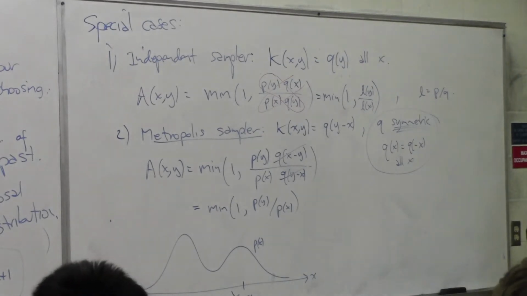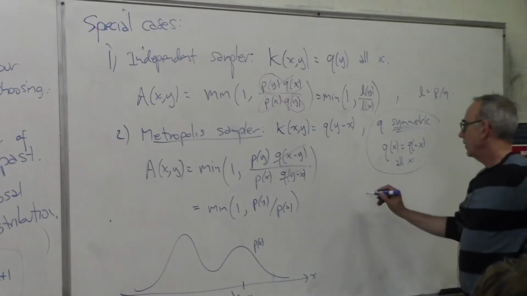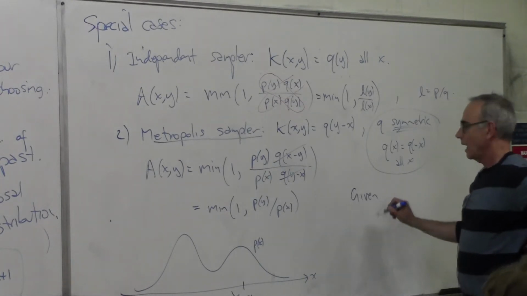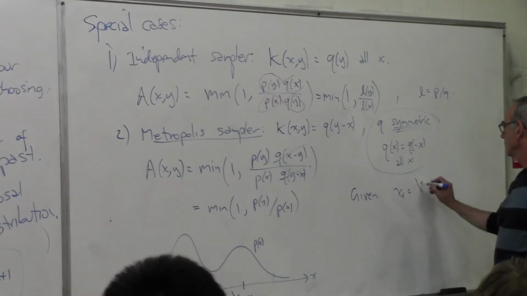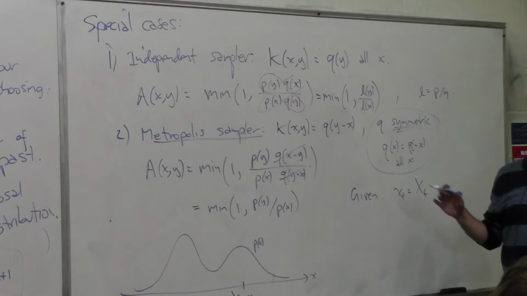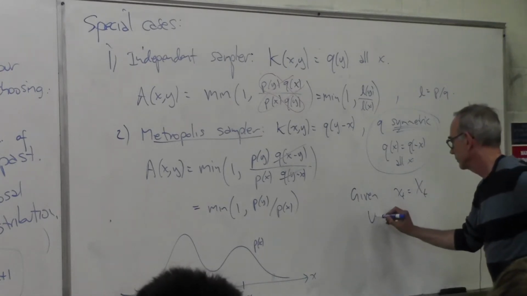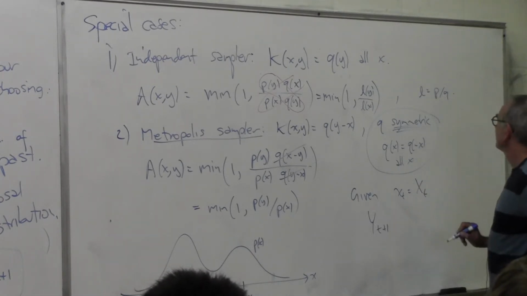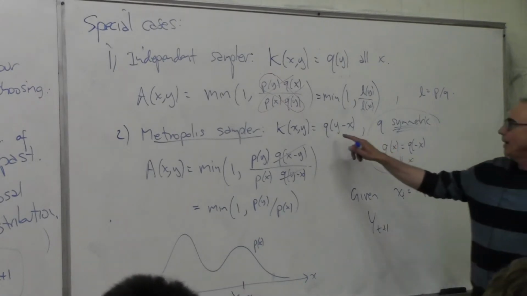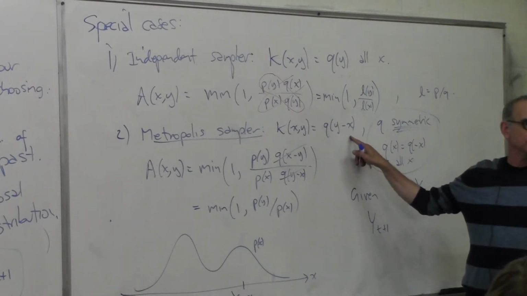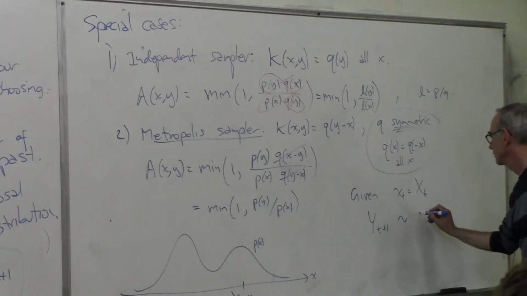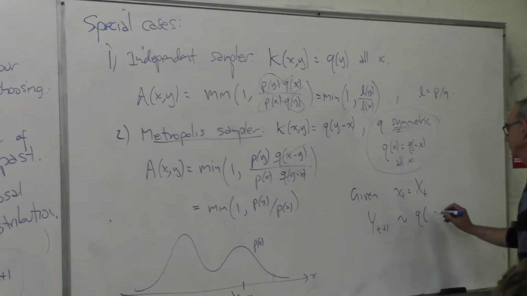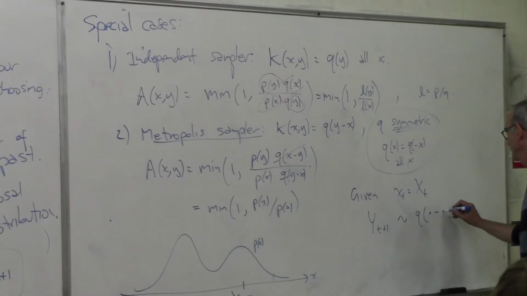So the way it works is that I'm given, I'm going to put the t in there just so we can remember what it is. So I observe that, and what's yt plus 1? Well, yt plus 1 is distributed according to this distribution, with a little dot there.